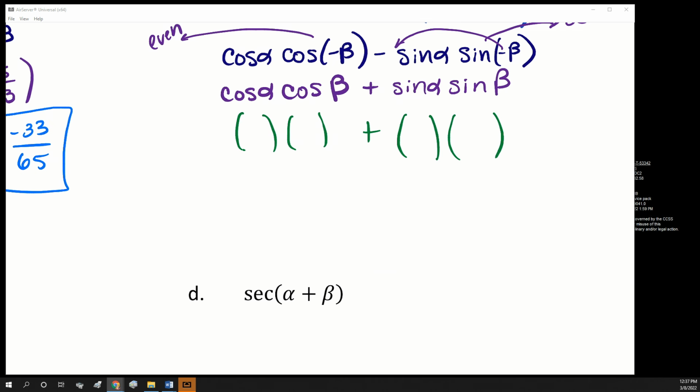Okay, so I want you guys to go up at the top of your page and fill in all those fractions for cosine and sine of alpha and beta, please.